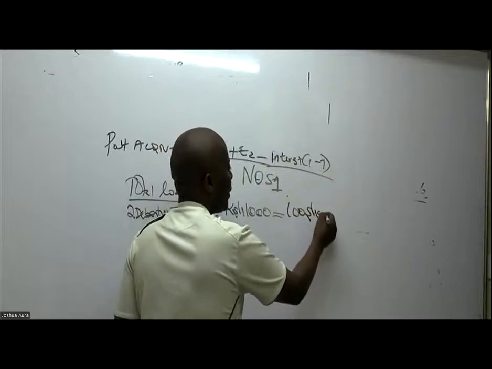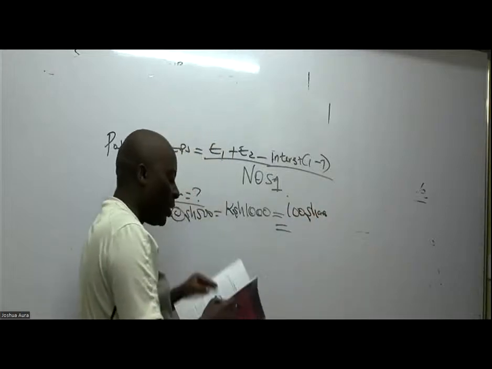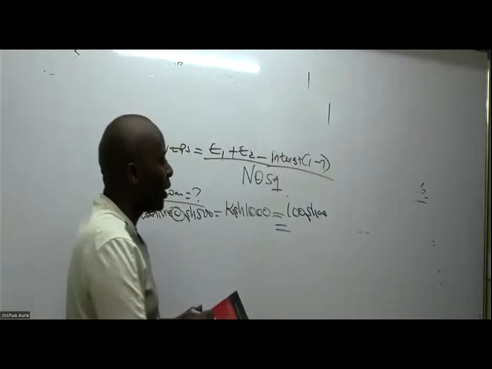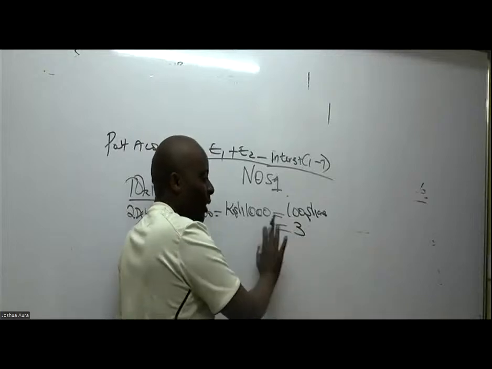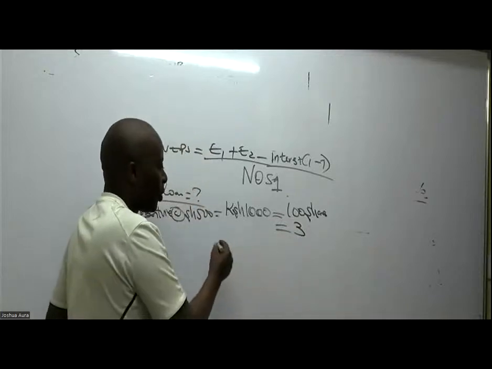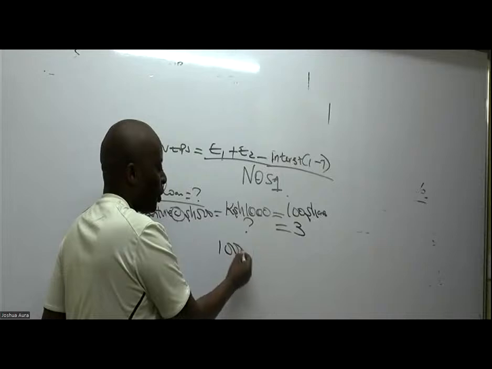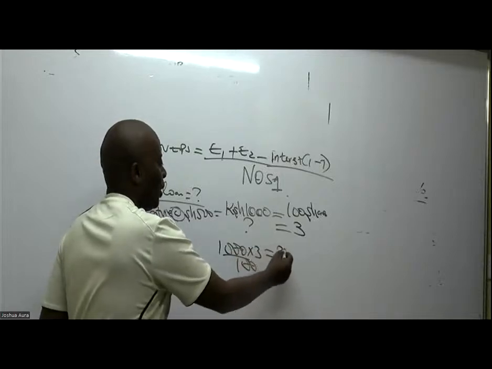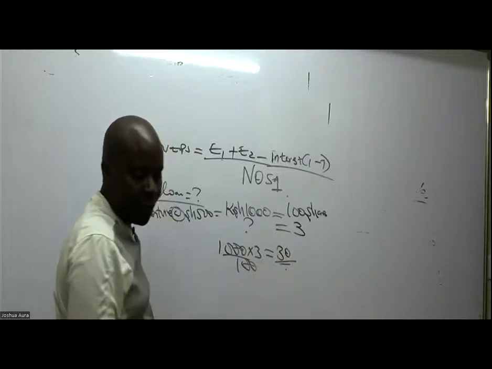This company 2 gives us 100 shares. And how many shares does it have in total? Company 2 has ordinary shares outstanding of 3. You don't have to introduce the millions, just leave it like that. So this will be equal to 1,000 times 3 all over 100, which gives us a total debt of 30.